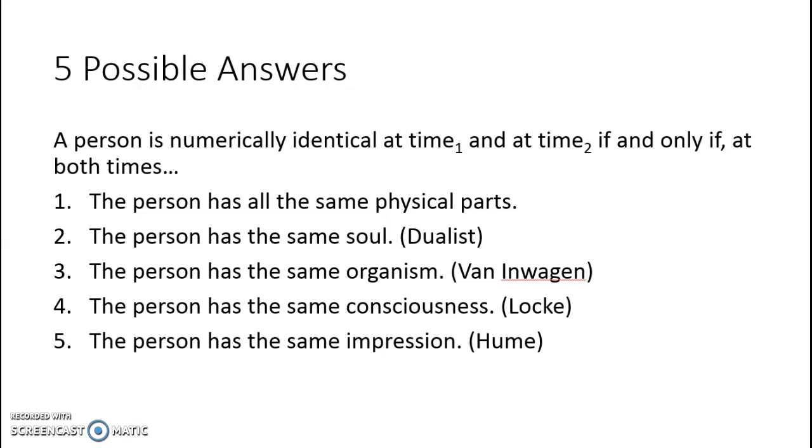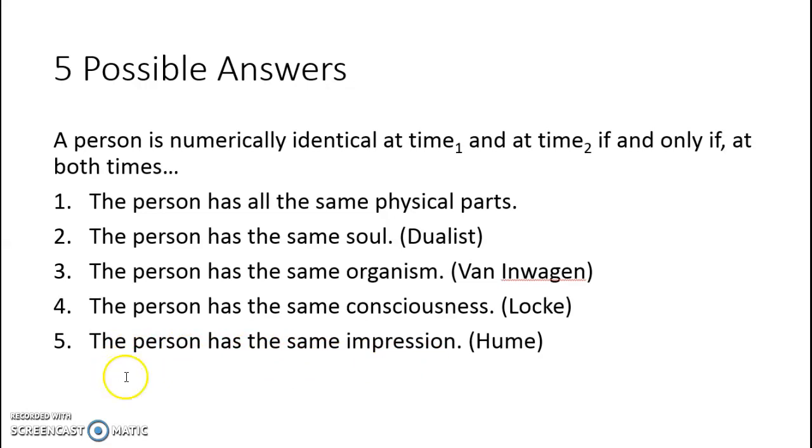Well, let me back up. Hume would say you are only the same person at 2 different times if you've got the exact same impression of yourself at those 2 different times. But Hume says nobody does have the same impression of anything at 2 different times. So nobody is identical through time. In other words, Hume says, if you want to be identical with yourself, you'd have to meet this condition, but nobody meets this condition, so no one has identity through time.